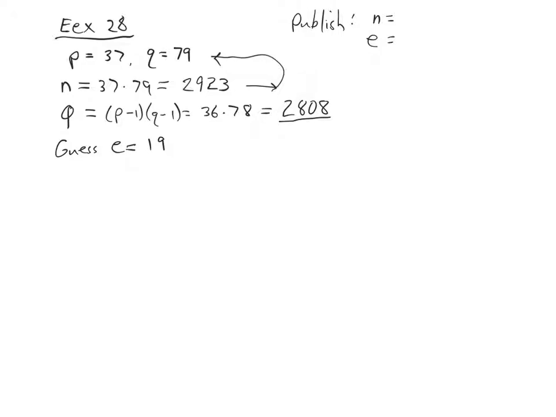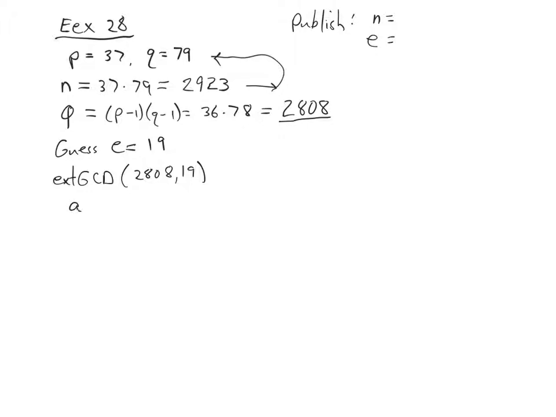Okay, so then we do the extended GCD. I think I'll have space here. So we're going to do the extended GCD of phi and e. Okay, so let's do that.